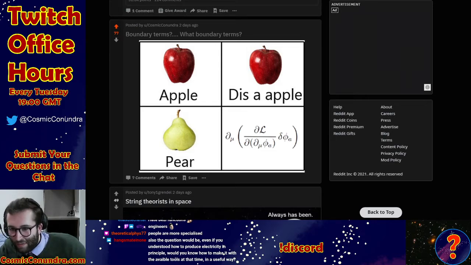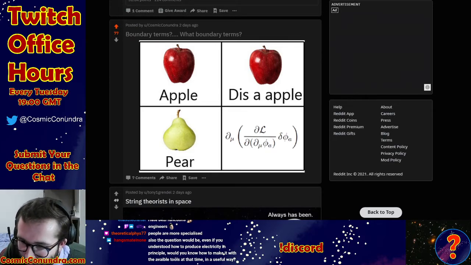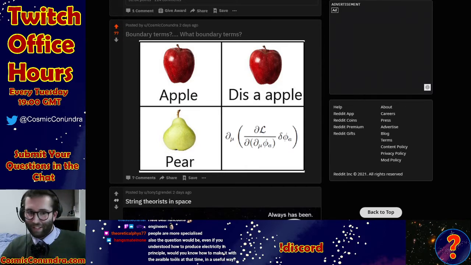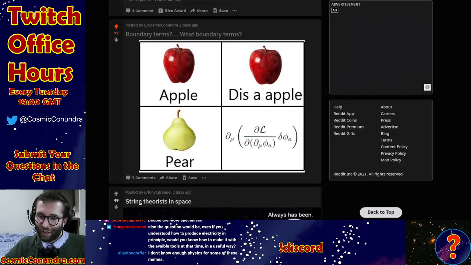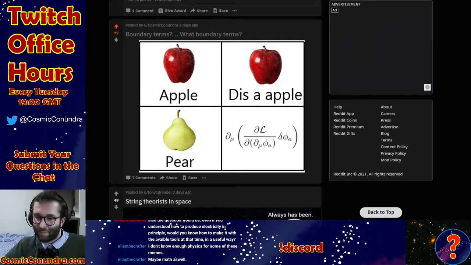Also, the question would be, if you understood how to produce electricity in principle, would you know how to make it with the available tools at the time in a useful way? Definitely not. You'd need copper, first of all. The only way I could think to get copper in very ancient times is this technique of phytomining, where they grow plants in copper-rich earth, and somehow the copper is taken up by the roots into the plants, and then if you burn the plants, you can get some of the copper back.